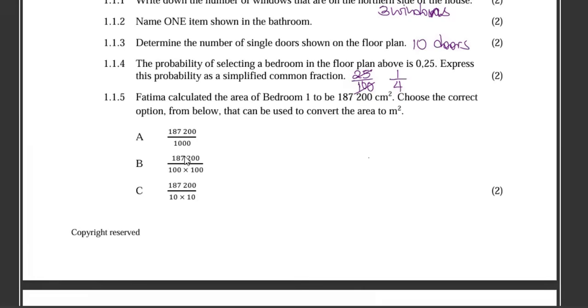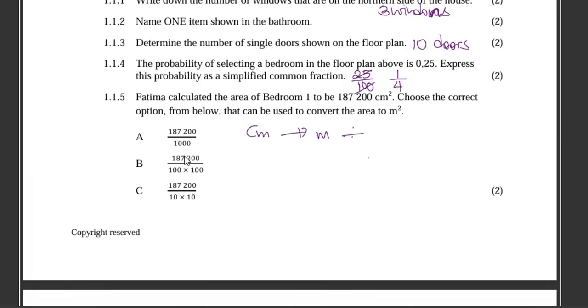Fatima calculated the area of bedroom 1 to be 187,200 centimeters squared. Calculate the correct option from below that can convert. Now we are changing centimeters to meters.